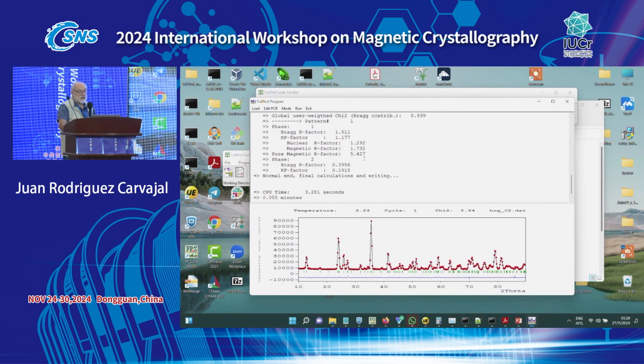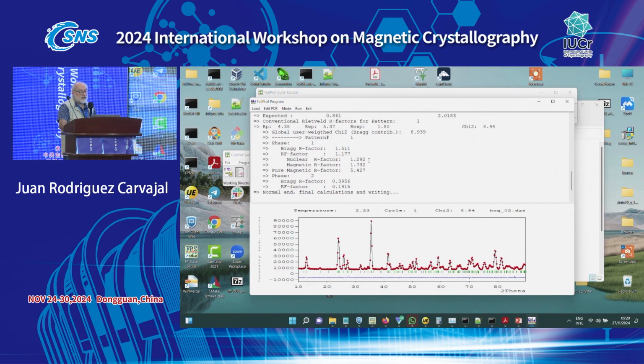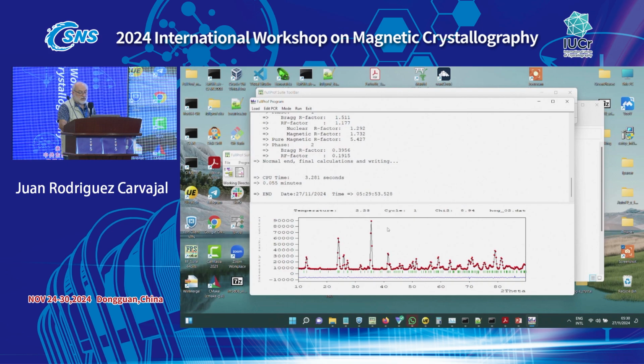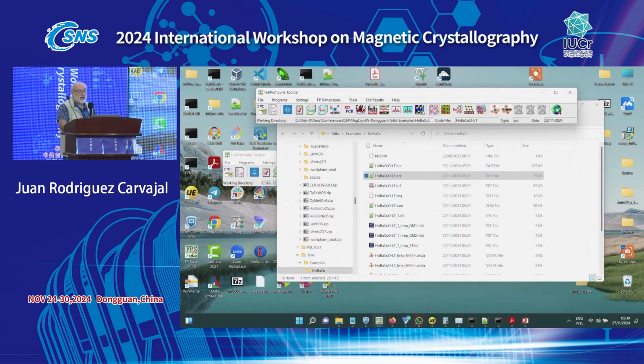The magnetic R factors and everything are good here. You see, here is a small one. I think sometimes you have here two small peaks that correspond to the vanadium. Then you have to represent that.